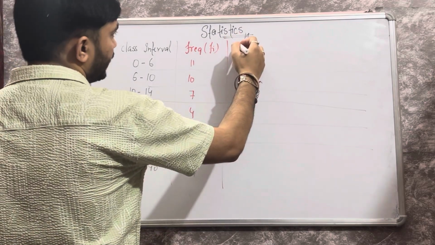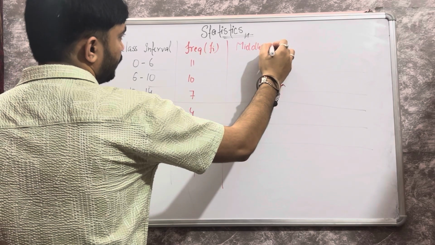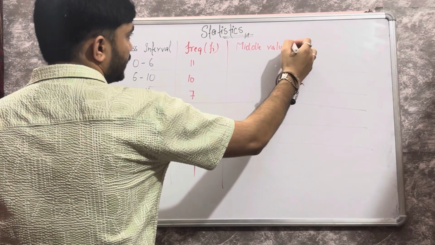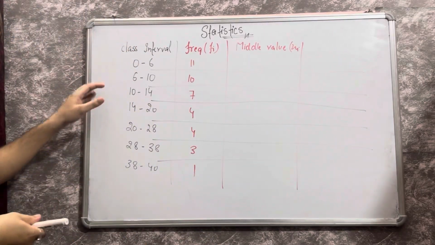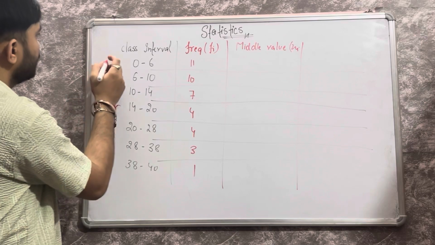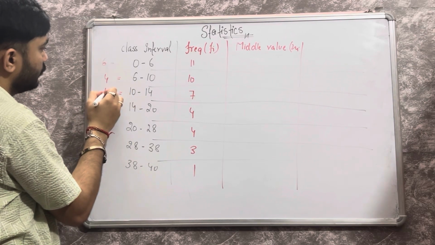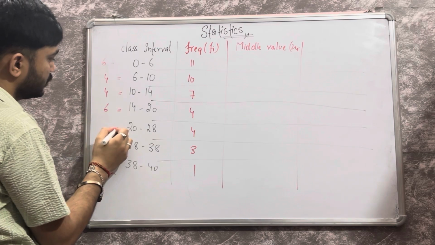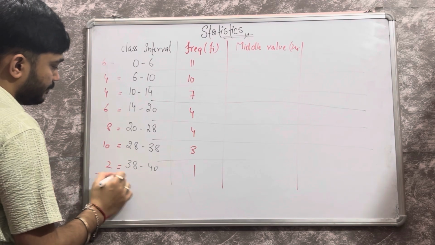Now we have to find the middle value, that is Xi here. Remember, the difference between the upper value and lower value here is different for everything, that is 6, 4, 4, 6, 8, 10 and 2.